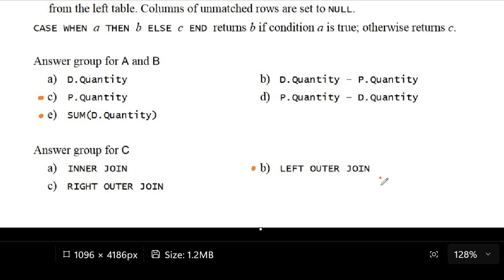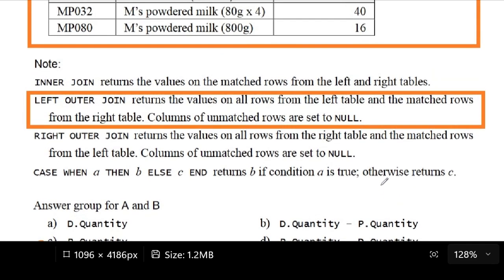These are actually explained also in this part in the notes. Left outer join returns the values on all rows from the left table and the matched rows from the right table. All the unmatched rows are set to null.